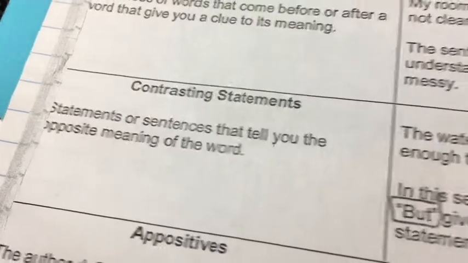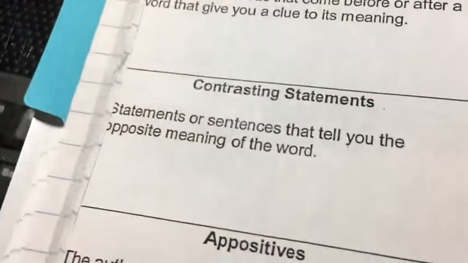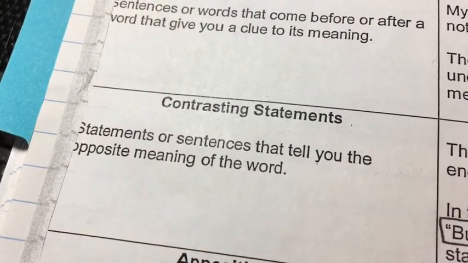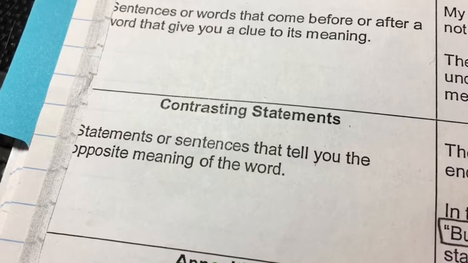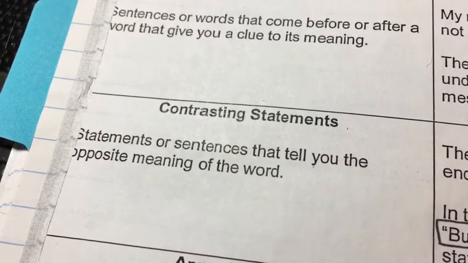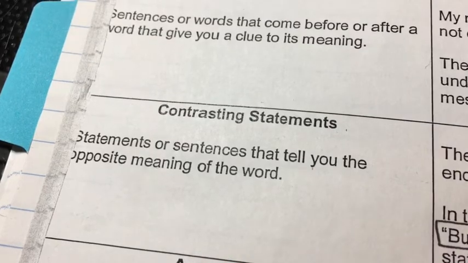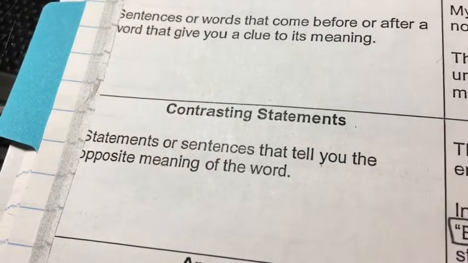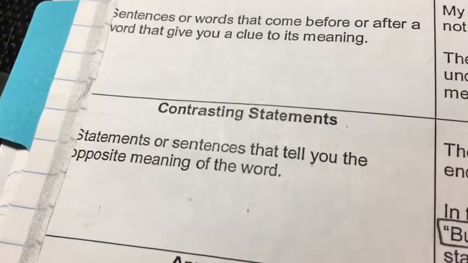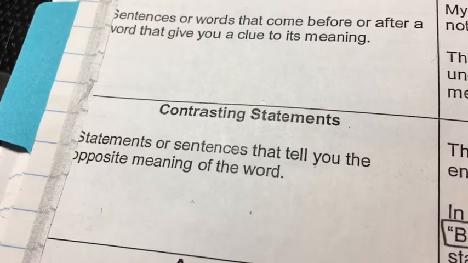For instance, you might say something like, definitely not a girl's. The pair of pants were lying on the floor. Okay. So you know that the pair of pants, because it said definitely not a girl's, you know that that pair of pants was a boy's pair of pants.